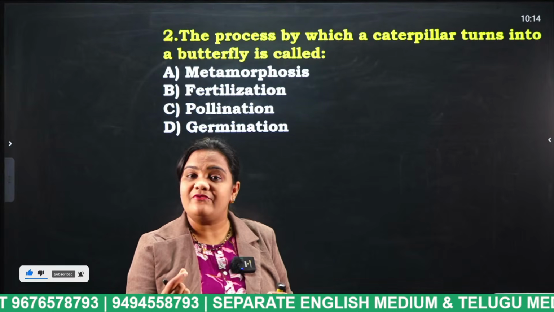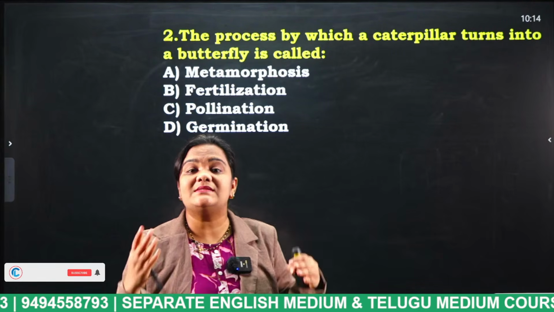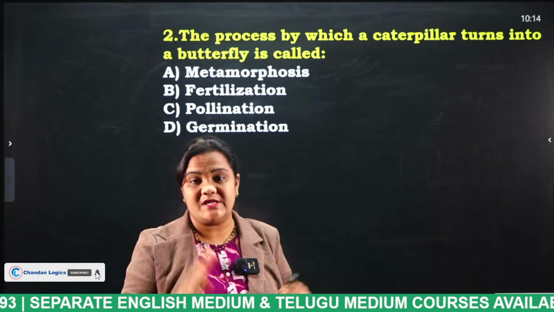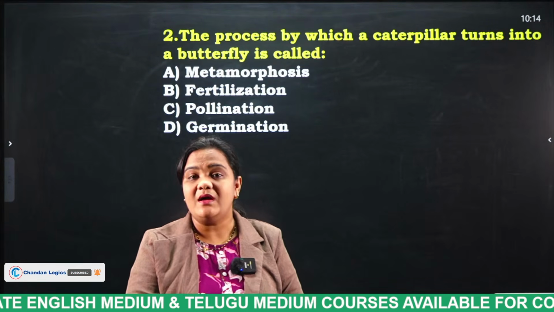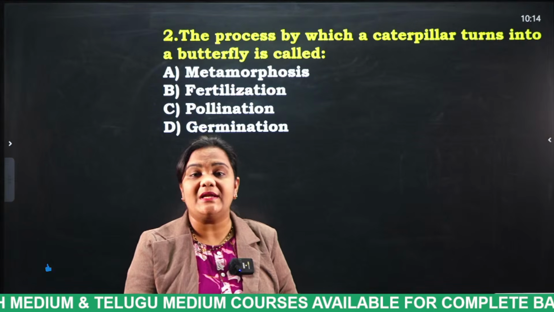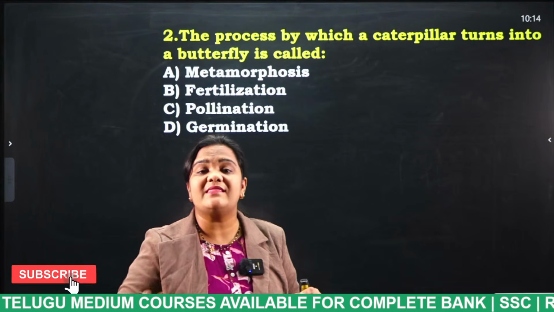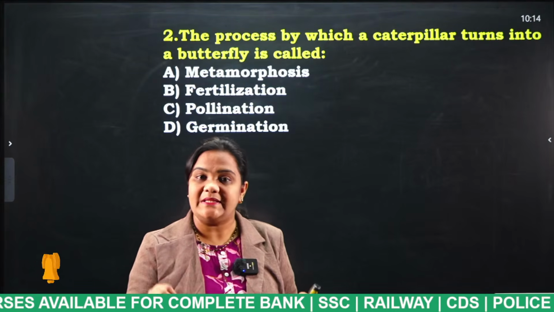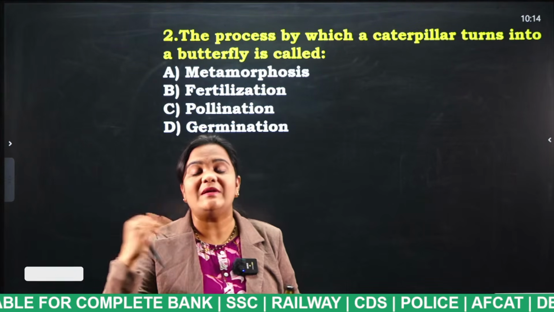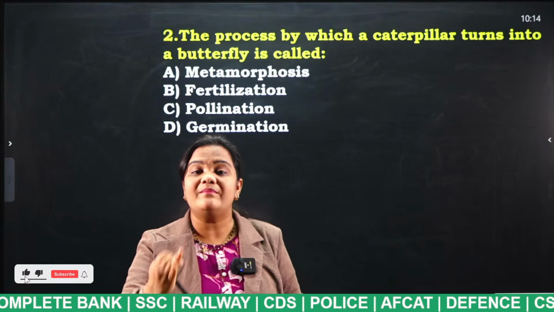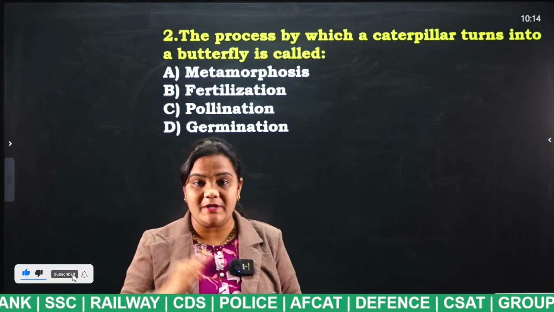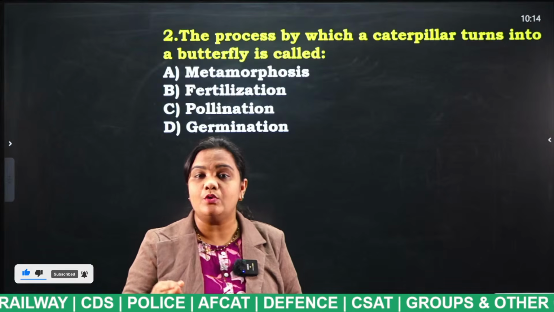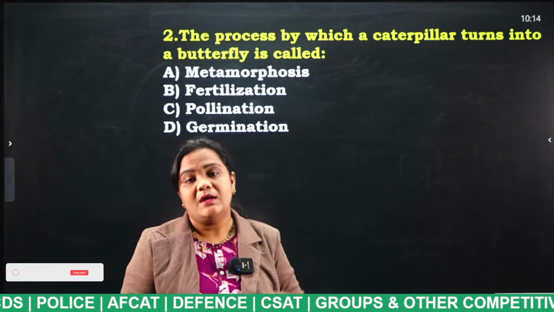For a butterfly to fly, it takes 4 stages: egg to larva, larva to pupa, and finally adult butterfly. At first there will be an egg. That egg will be transformed into larva, from larva into pupa, and finally from pupa into a butterfly.